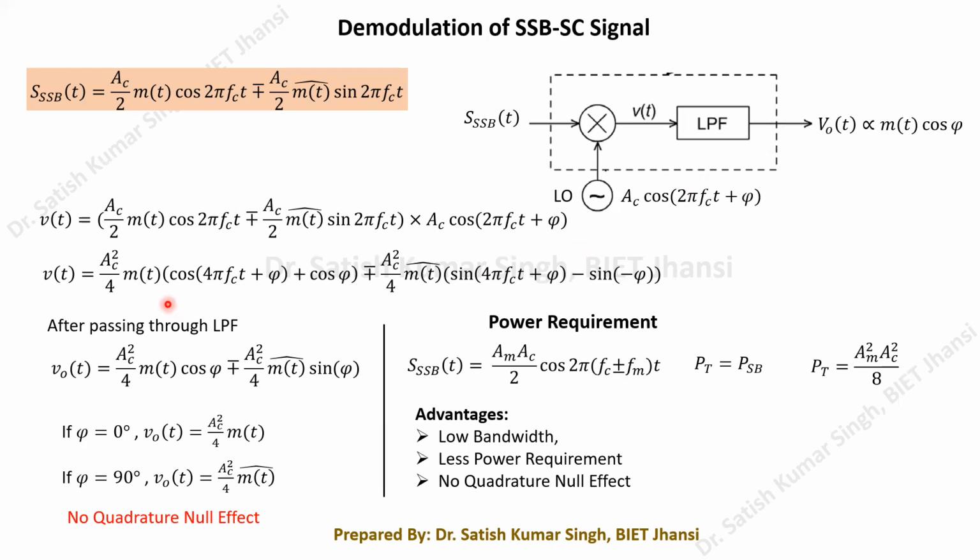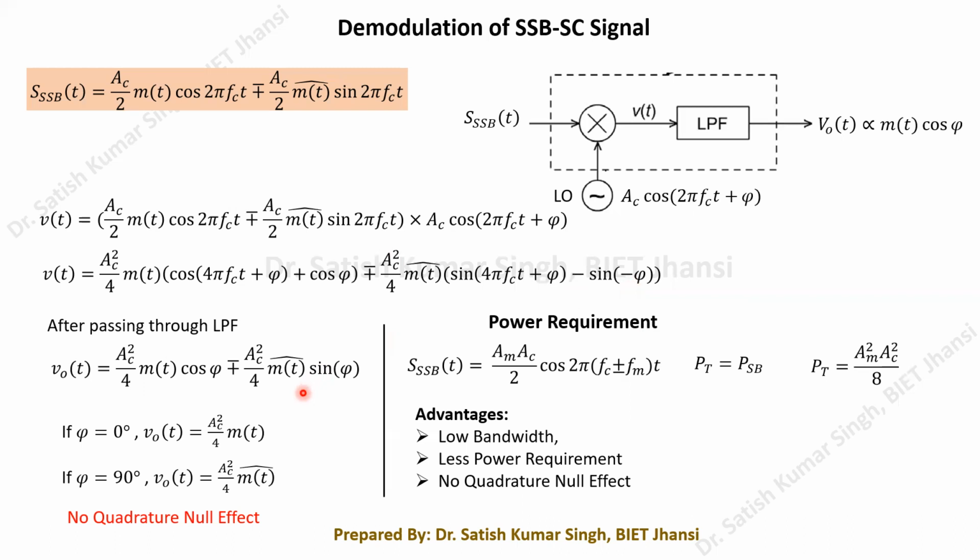So I can straight away say that this first product term and this first product term, both will be rejected by your low pass filter. The only component that will appear after the low pass stage is Ac²/4 m(t) cos φ, then minus plus sign, and then Ac²/4 m^(t) sin φ. Only this component is going to appear.